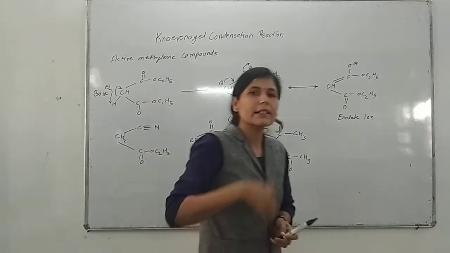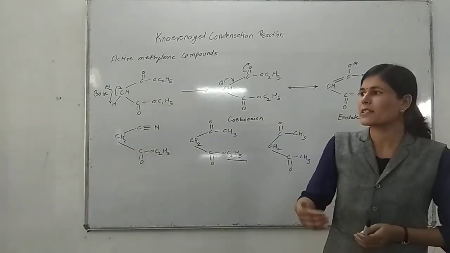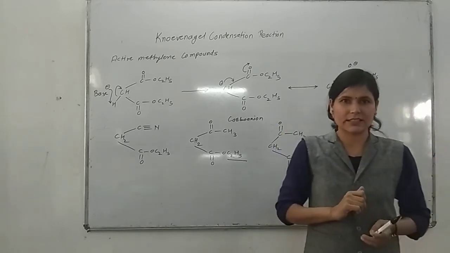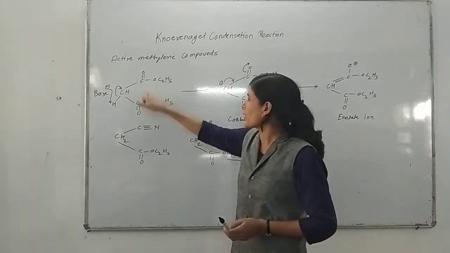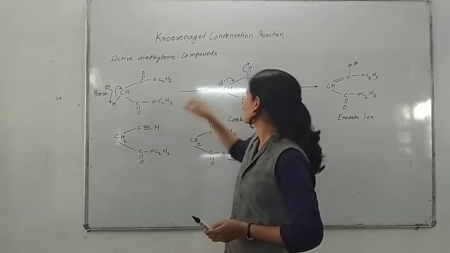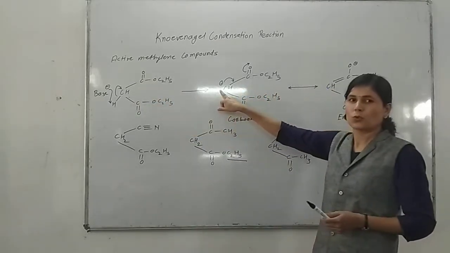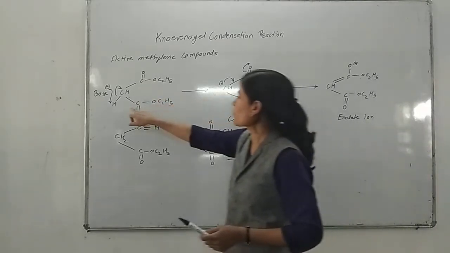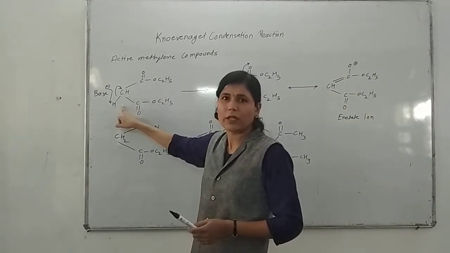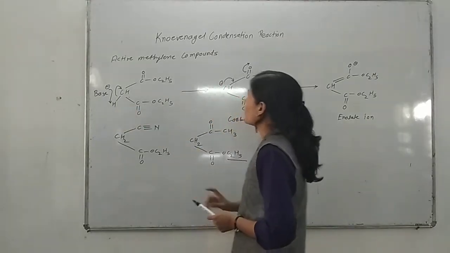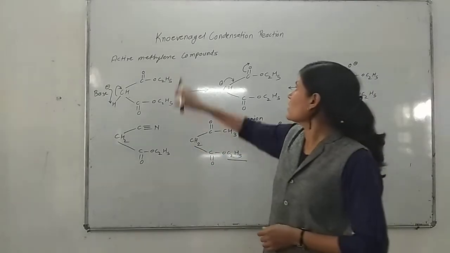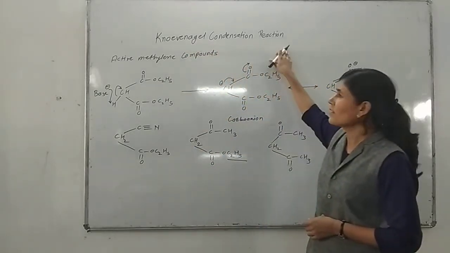The greater the stabilization of the conjugate base, the greater is the acidity. So here two electron withdrawing carbonyl groups stabilize this conjugate base, and that's why the acidity of this proton is greater. Now we will move towards the Knoevenagel condensation reaction.